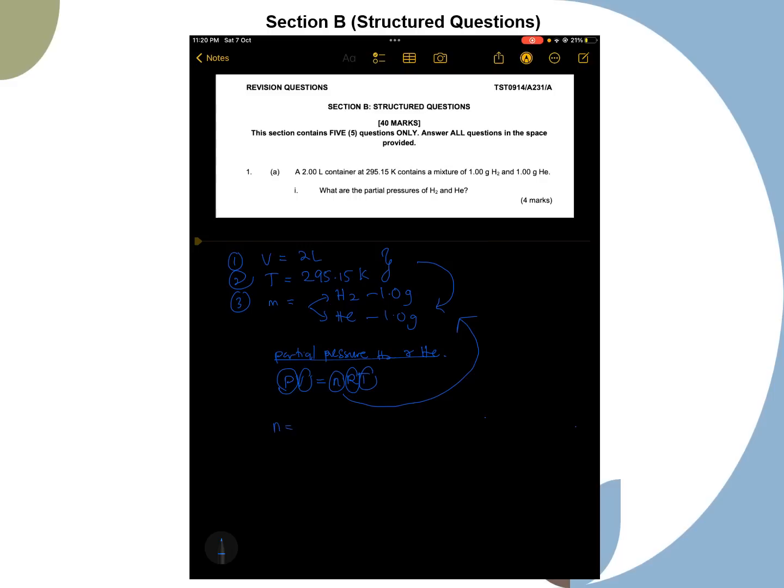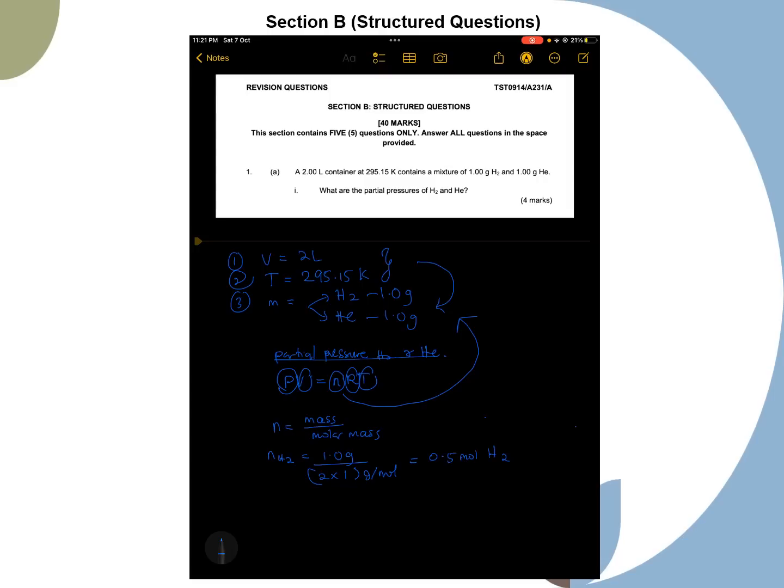You must remember by now the formula of mole: n is equal to mass over molar mass. So for n of H2, hydrogen, its mass is 1.0 gram. For the molar mass, we know that it has 2 hydrogens, so 2 times 1 gram per mole, and you will get 0.5 mole of H2.